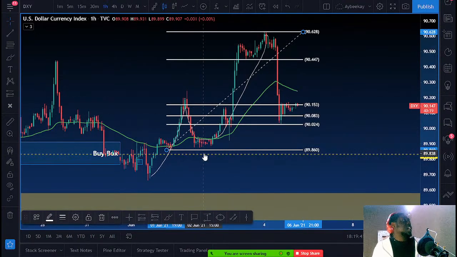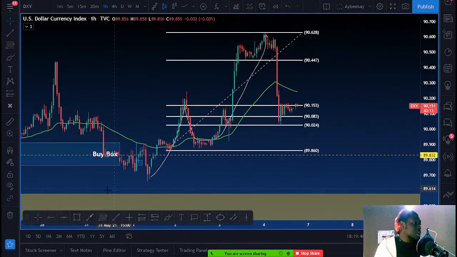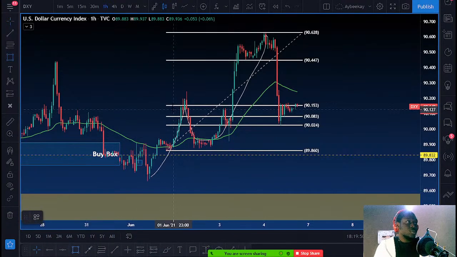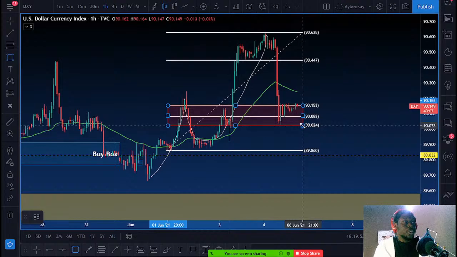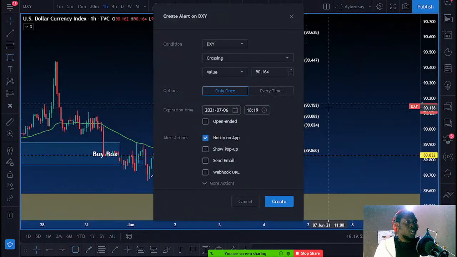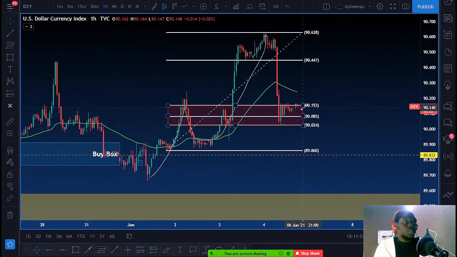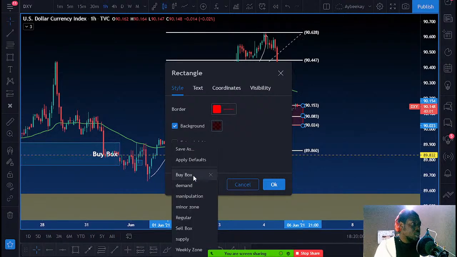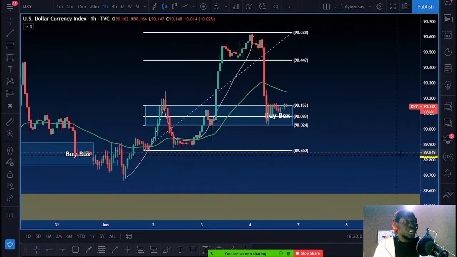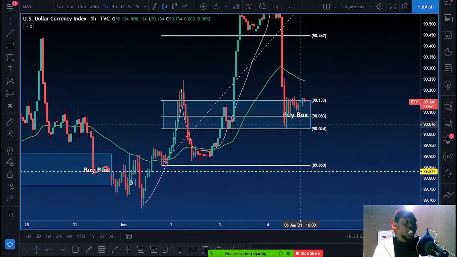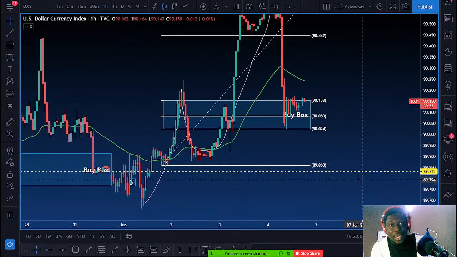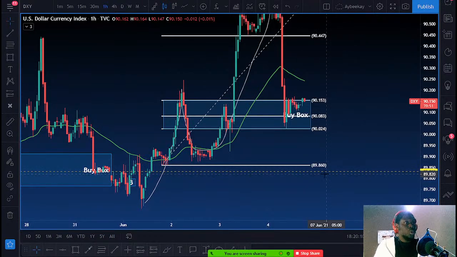If there was a time where I would buy the DXY, it would be definitely in this area, but I am only concerned about what would really go down. Oops, that's not what I wanted. Press that buy box.